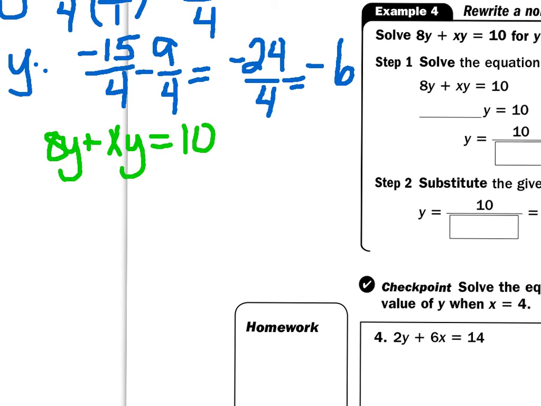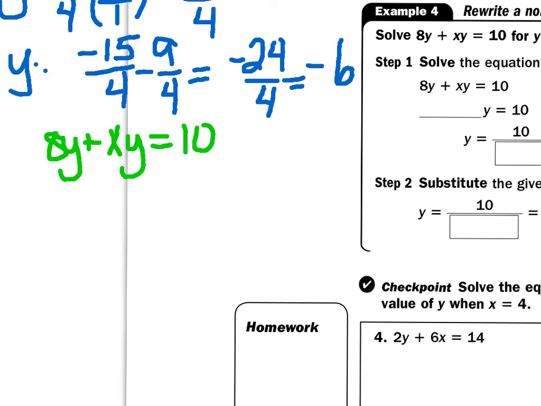Now I need to get my y by itself, and I need to get it by itself on one side of the equation. So most people get mixed up here because they try to subtract off the xy and put it on the other side of the equation. But that doesn't isolate the y by itself.